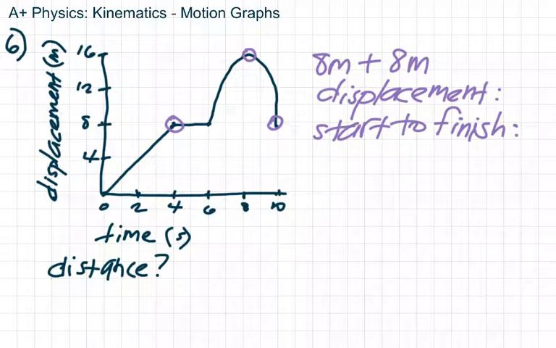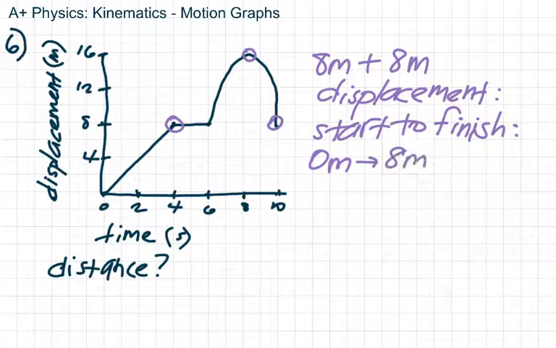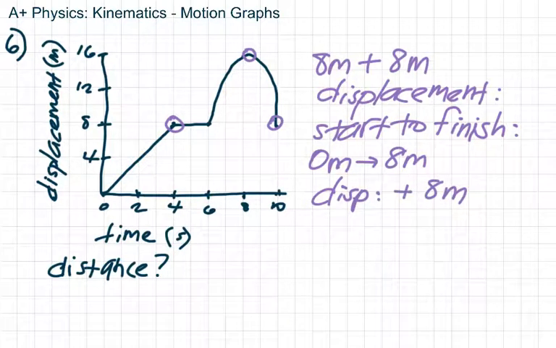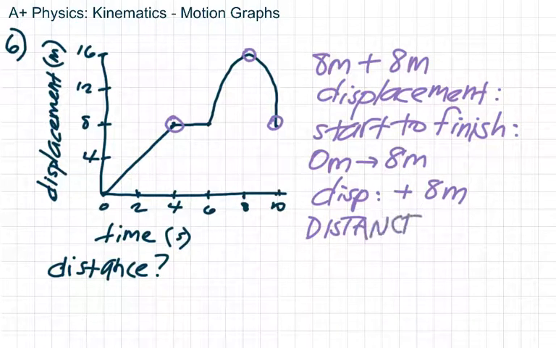And so that would go from 0 meters, and it goes out to 16, sure, but it winds up at 8 meters. So the displacement is positive 8 meters.